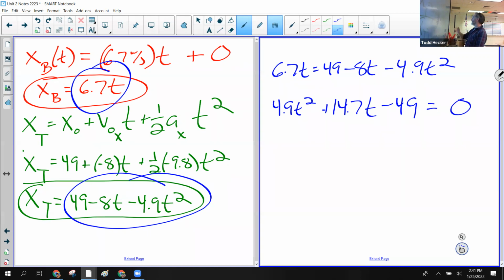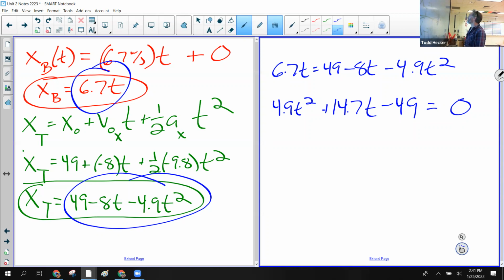In most instances, I would say just use the quadratic formula or plug it into your calculator and solve it. That's totally a thing you should know how to do: how to solve a quadratic using your calculator relatively quickly, and ideally without using the quadratic formula. So if you don't know a way to do that, remind me in class and I can show you some tricks. Or more importantly, there's somebody in class who can show you some tricks.